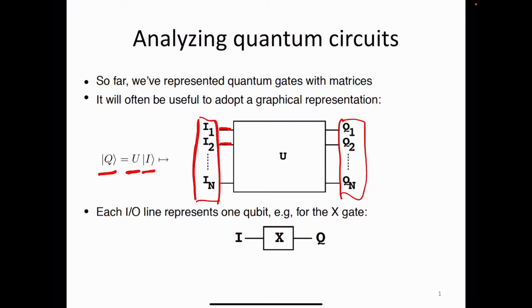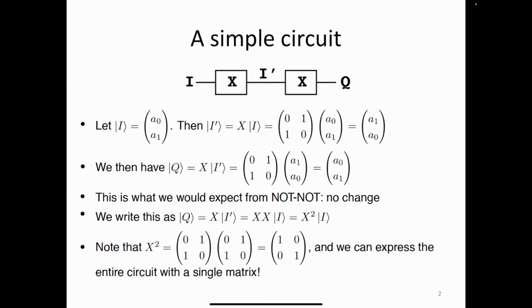So if we look at that in more detail here, just to remind you, we have the input state I here. We apply the NOT gate twice. So after the first application of the NOT gate, we end up with the state I prime, which is here on the bottom. It's given by I prime is application of NOT to I. So it means you do the NOT application here.